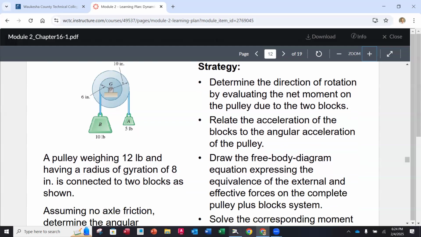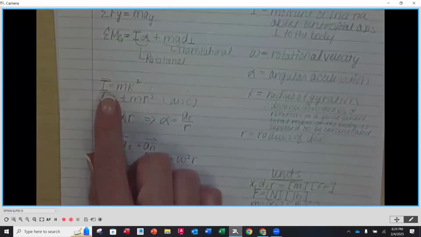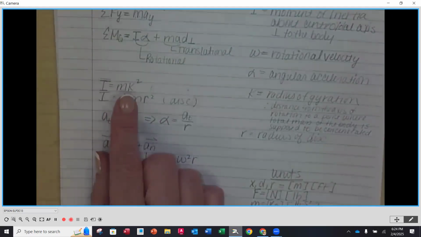Now, when we're given radius of gyration, we are going to use it to calculate our moment of inertia. Capital I is going to be equal to the mass of that element times the radius of gyration, which is K. In this book, they're using the symbol K, and it would be squared.